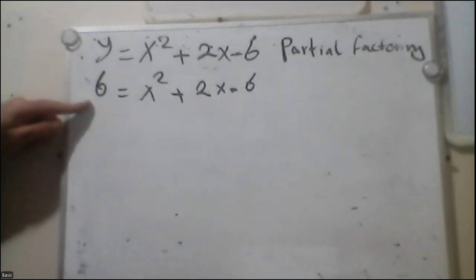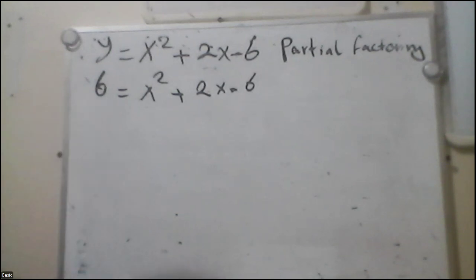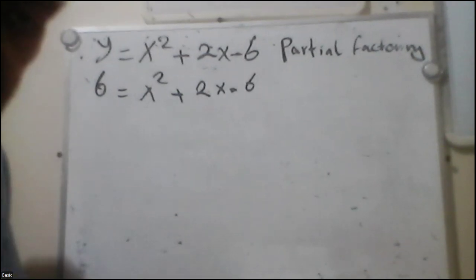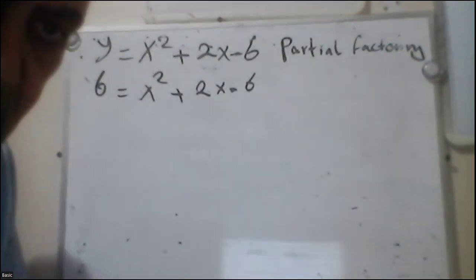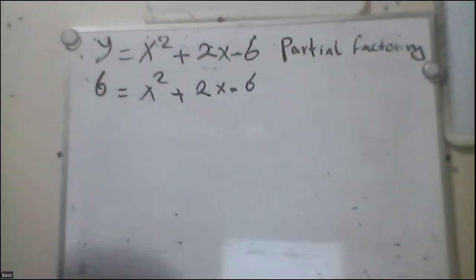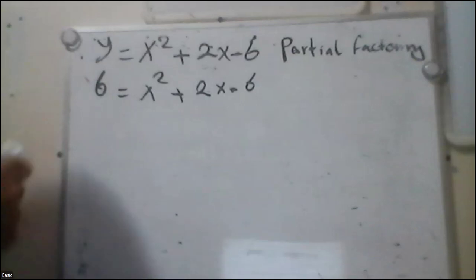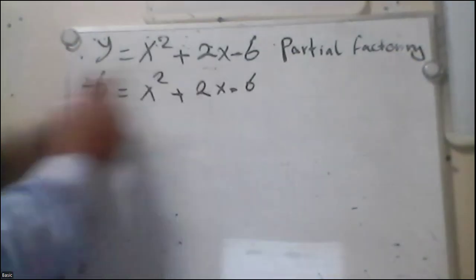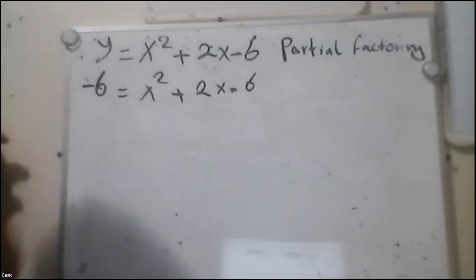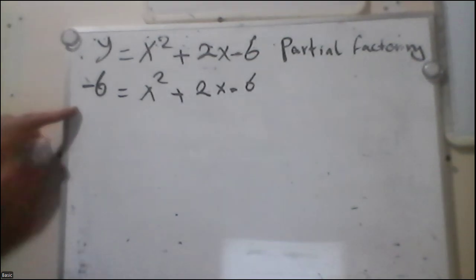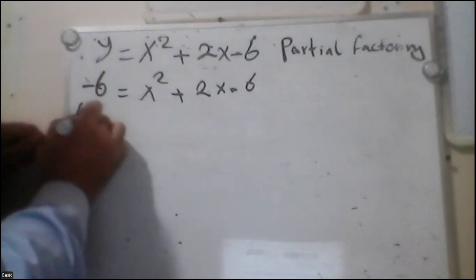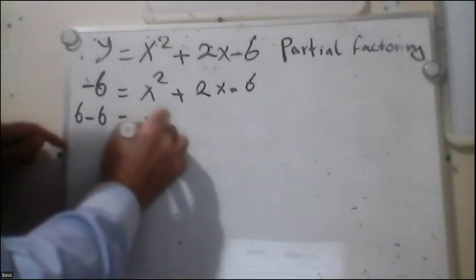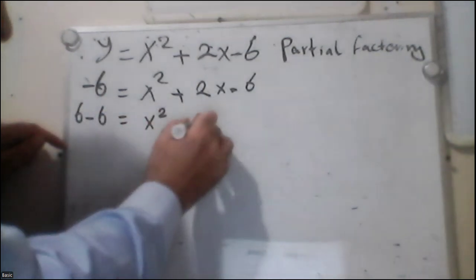Like you see here in front of you, I will consider this partial minus 6. I put the minus 6 on both sides. Then if I move it to the other side, 6 minus 6 will equal x squared plus 2x.